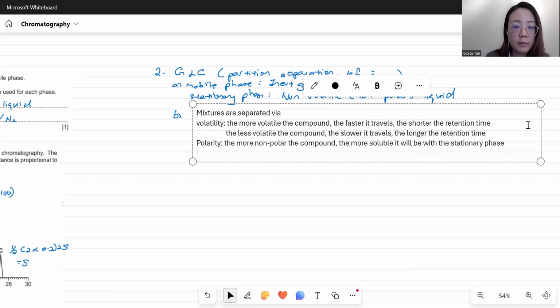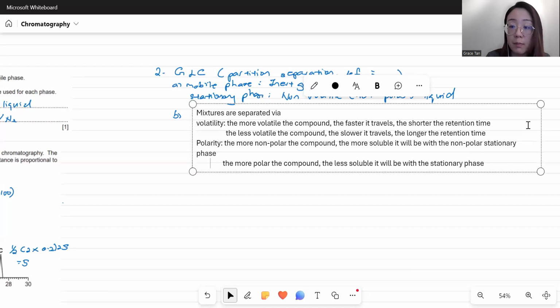The other way around, the more polar the compound, the less soluble it will be with the stationary phase. This is with the assumption that your stationary phase is non-polar, because most of the time it will be non-polar, unless your examiner chooses to change your stationary phase to become polar. Okay? So that will be part B.